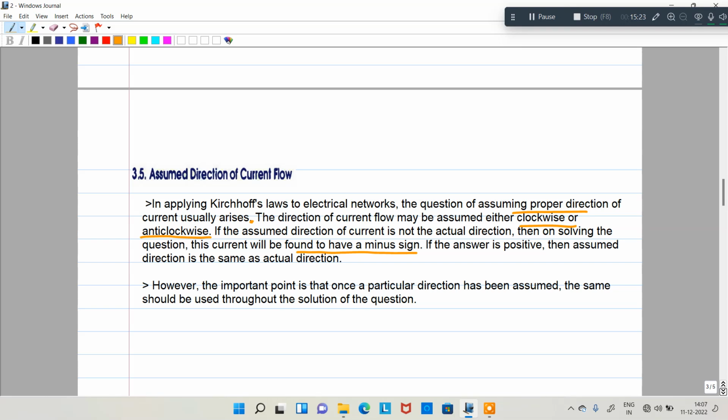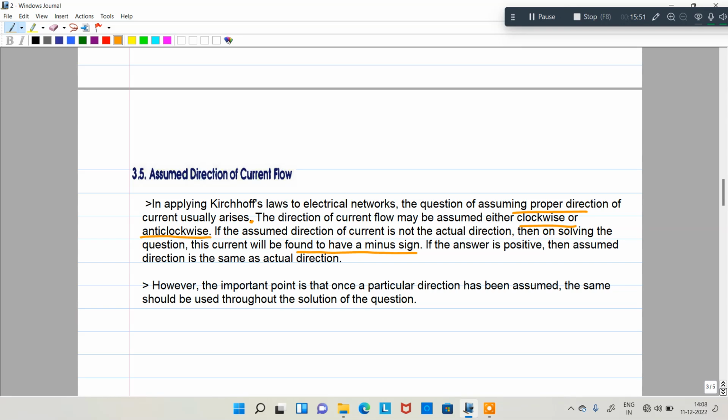Don't panic. Our assumed direction is opposite to the actual current direction, but the magnitude is the same. So if you get a negative answer, our assumed direction is opposite to the actual current direction, but the magnitude is not affected. Okay, that's what you need to remember.